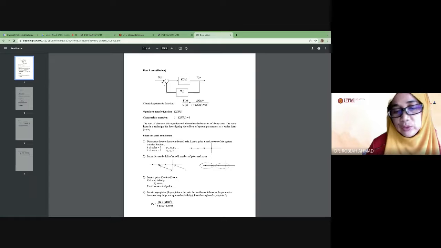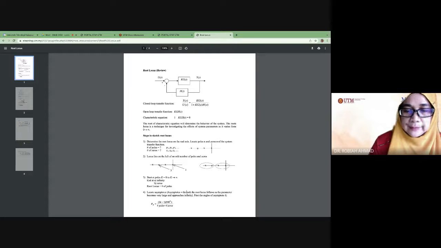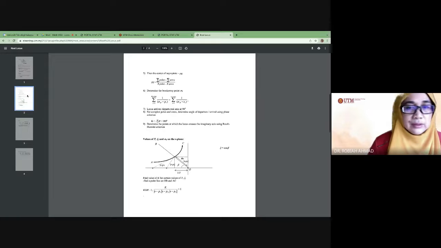How many root loci are we going to have? It depends on the number of poles. If it is a third order system, we have 3 poles. If it is a second order system, we have 2 poles, so 2 root loci. Then we will learn about asymptotes, center of asymptotes, breakaway point, and for complex zeros and poles with j, we will learn about angle of departure.